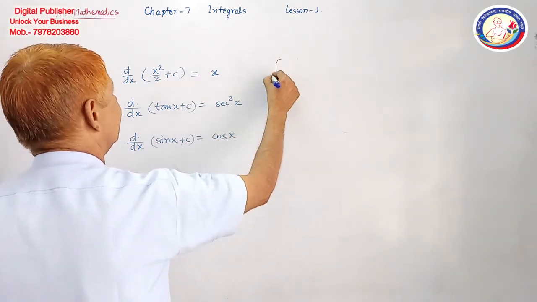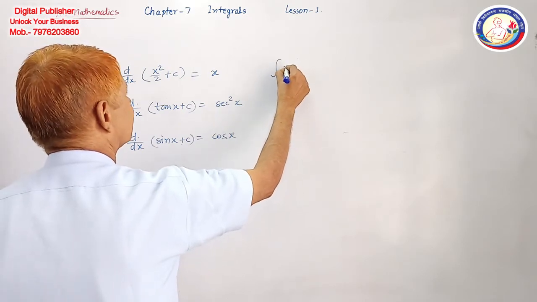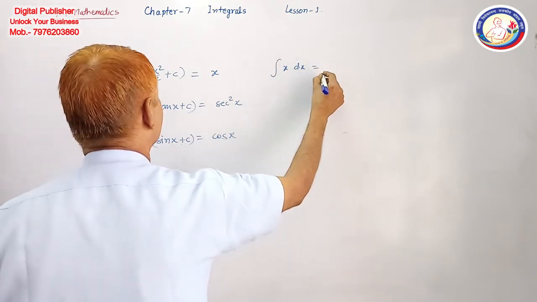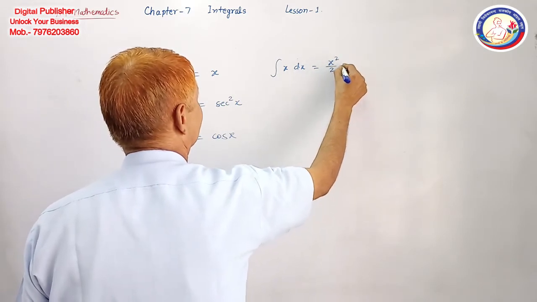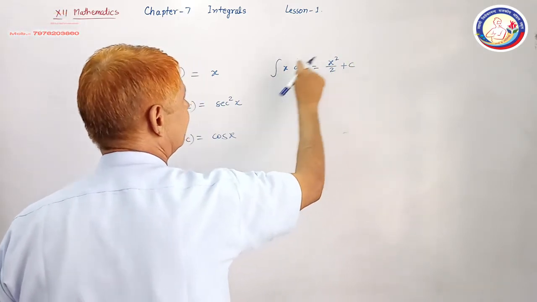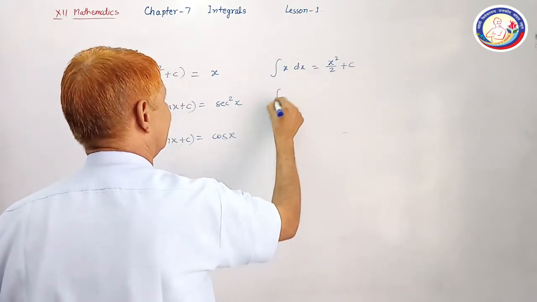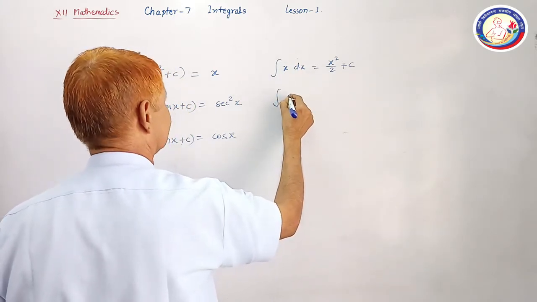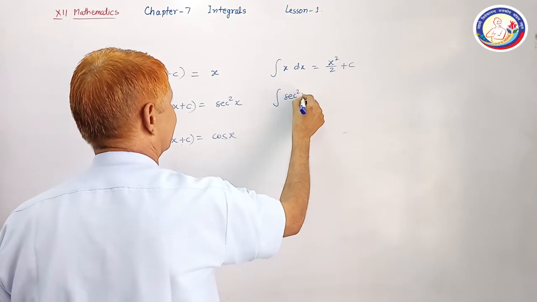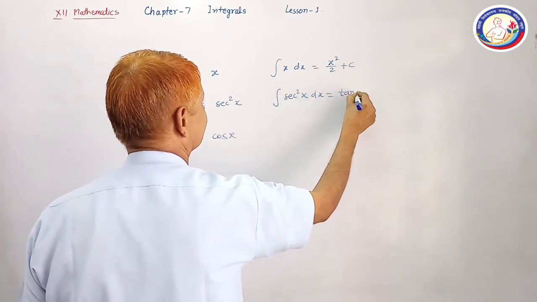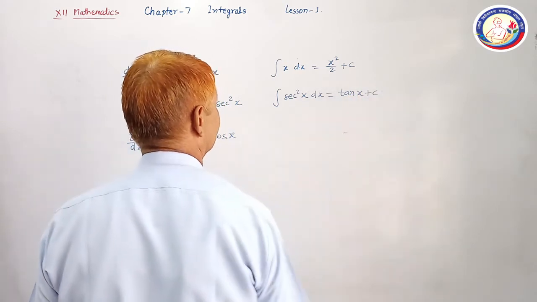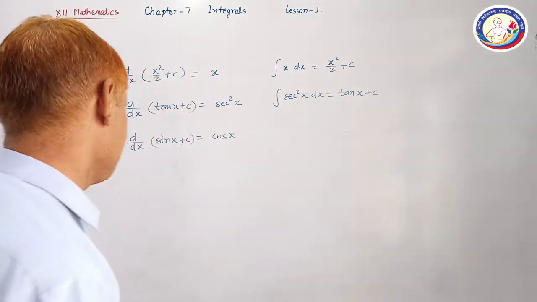We will write integration of x dx equal to x square by 2 plus c. If we differentiate this, we will get x. Again, integration of sec square x dx will be tangent x plus c. Here c is the constant of integration.